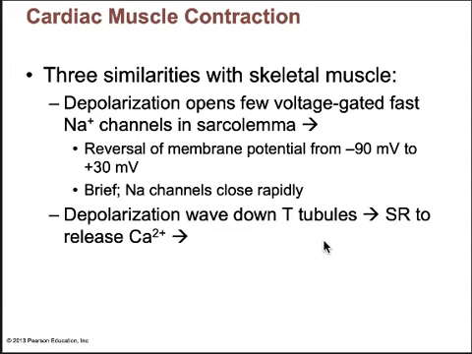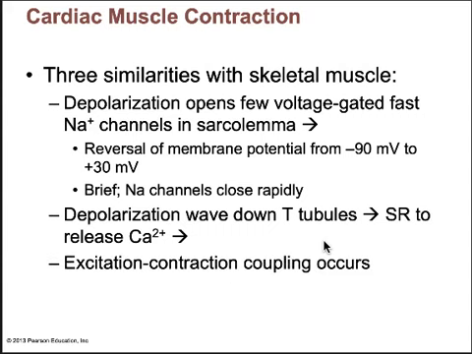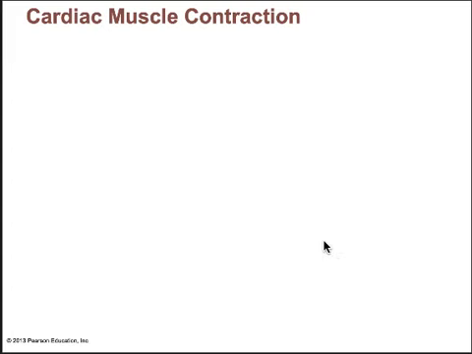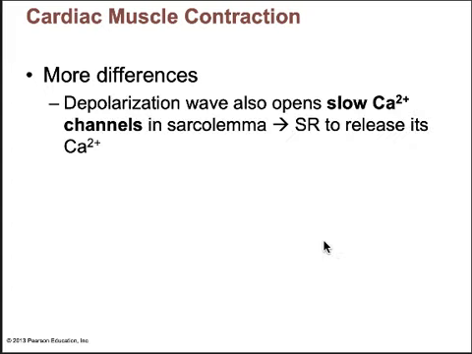The depolarizing wave runs across the entire myocardium, goes down into the T-tubules, and results in calcium release as voltage-gated channels open in the sarcoplasmic reticulum. That triggers the same set of events that result in skeletal muscle contraction. Calcium binds to troponin, the tropomyosin pivots out from between actin and myosin, and cross-bridging can occur.